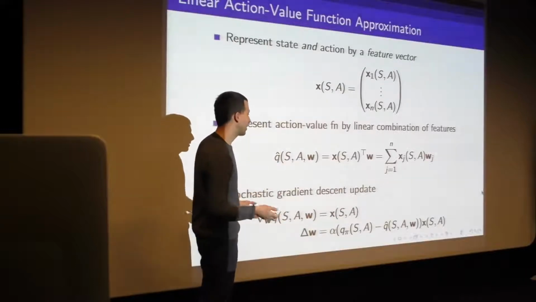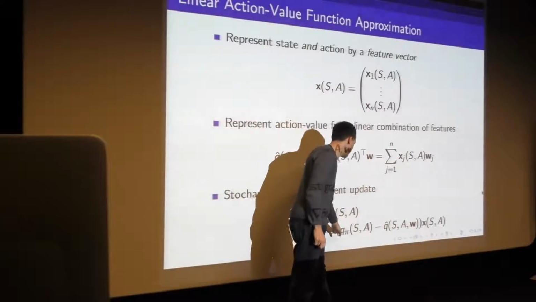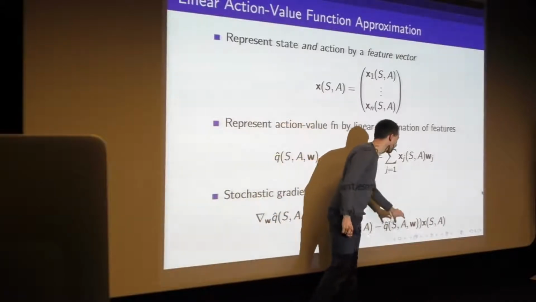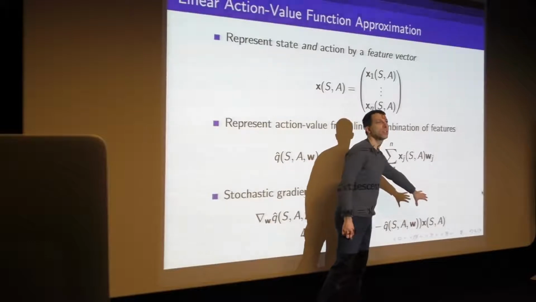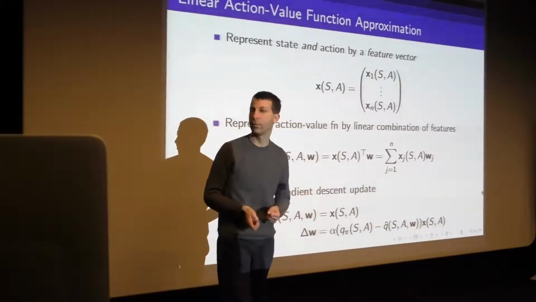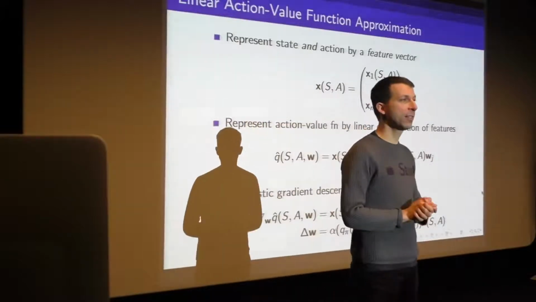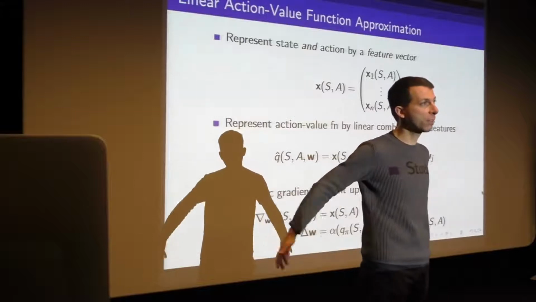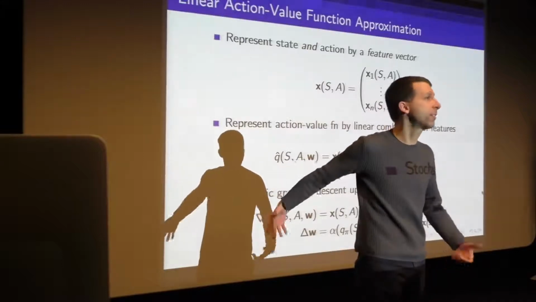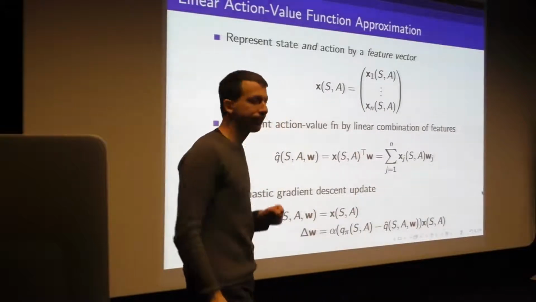So the gradient update now collapses to: change the weights in the direction of the step size multiplied by the error, multiplied by just the features, whichever features are on. In the example I gave, if I actually go forwards, then we would only update the feature corresponding to my forward action, because the other one would have a 0 value.